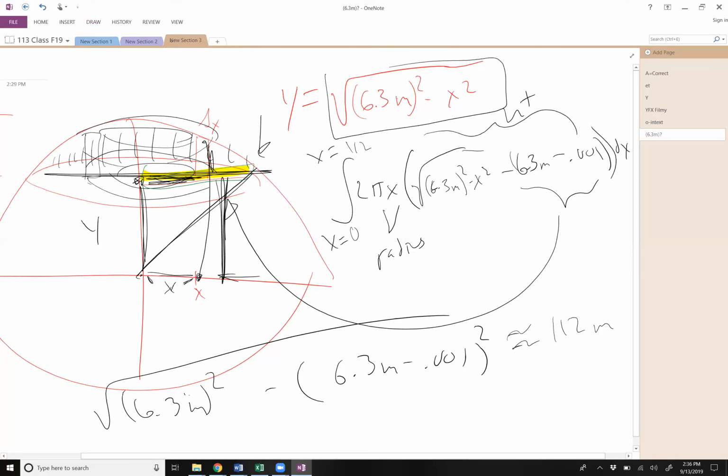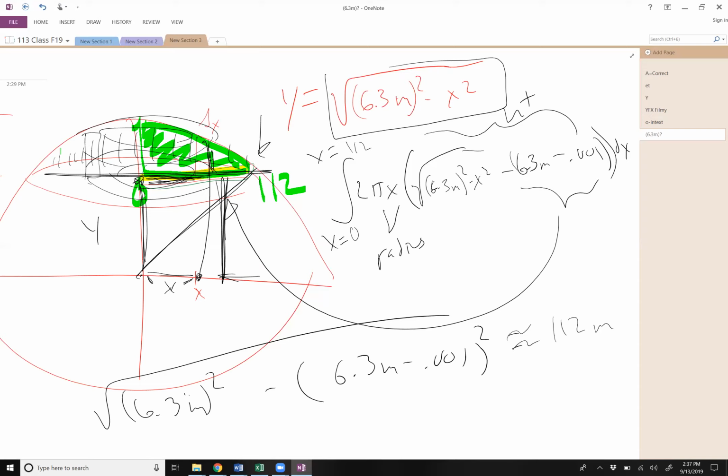Yeah, so we think about all the x coordinates where I'm going to be spinning those rectangles around. It's the x coordinates of this region right here. I just have to spin that region around, and the x coordinates are just going to be from 0 to 112. If I go from minus 112 to 112, then I'm spinning the left-hand side around too. I'm going to end up with twice as much volume as I really have.